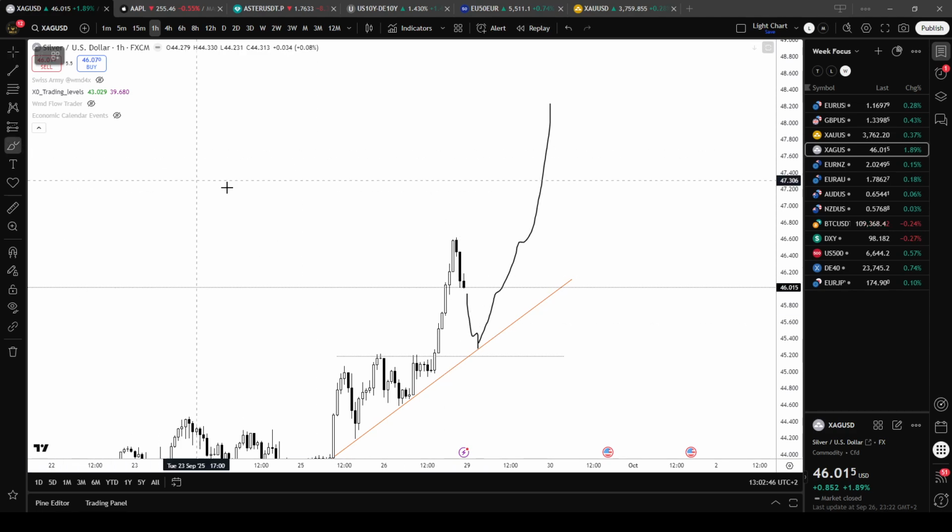I don't know how this is gonna play out, but I'll just watch how price develops during Monday and Tuesday, especially on Wednesday. Wednesday is when you wanna pay attention because you have the new monthly open, and I don't know what price is going to do between Monday and Tuesday.